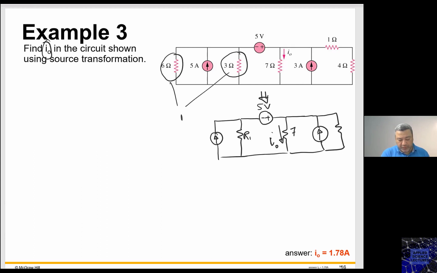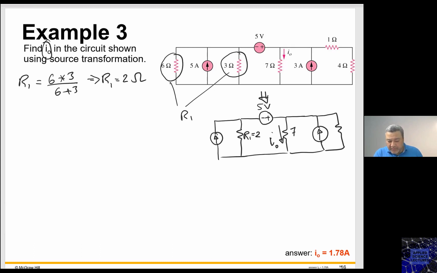So those two are in parallel. So 6 times 3 divided by 6 plus 3. 6 and 3 will always give you 2. So keep this in mind. So R1 here is 2 ohm.